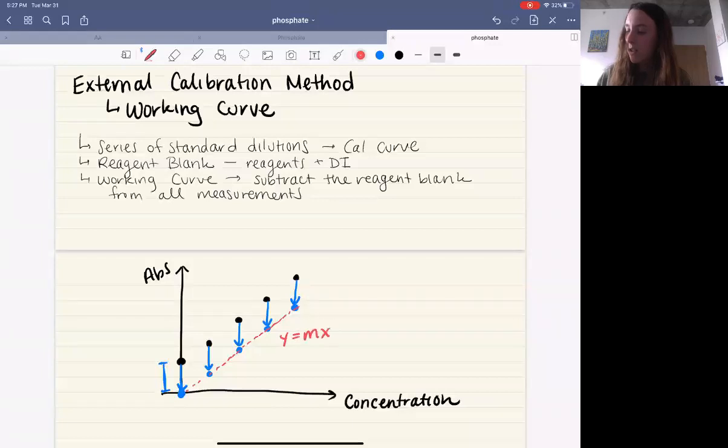And you'll notice now that we've corrected our calibration curve with a reagent blank, this first point is at the origin, so we can send the trend line through the origin. And that means that there's no plus b on the y equals mx because the y-intercept is 0. Okay, so this is what's known as a working curve.